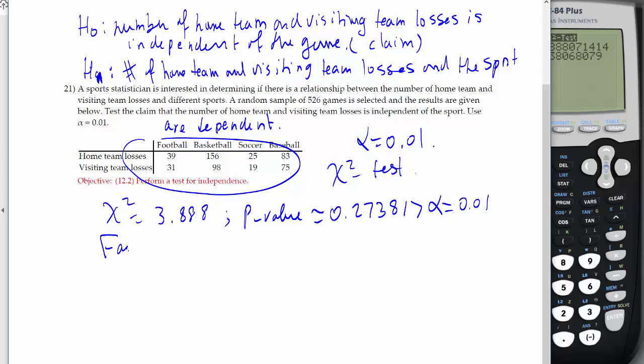You notice most of the problems we fail to reject H0. I didn't intend to do that, but it just happened like that. So what's the conclusion?